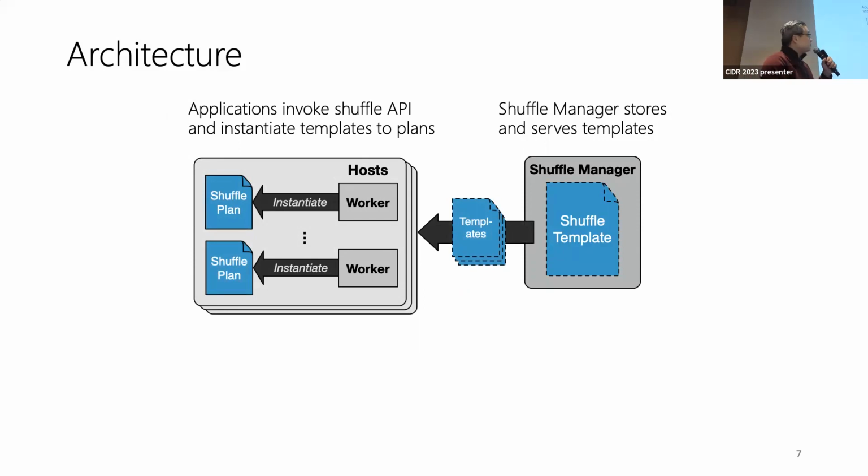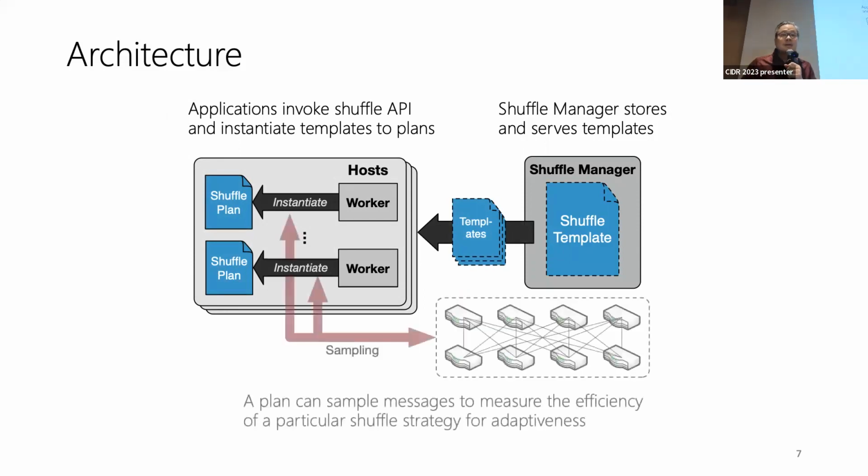And then these will be instantiated into shuffle plans. While this is executing, there's runtime sampling and measurement that happens in the background. And basically that allows us to determine at runtime how to optimize the shuffling, right? And to adapt to any changes that are needed at runtime.